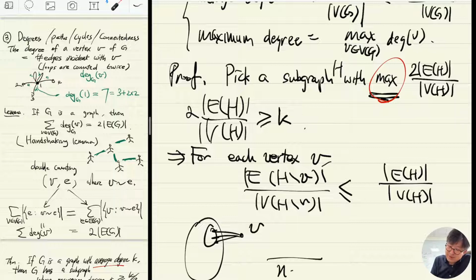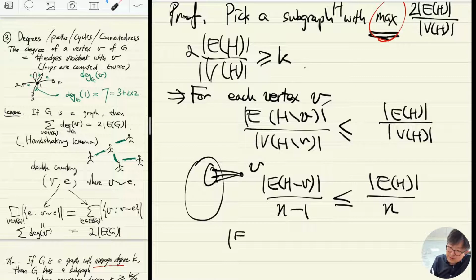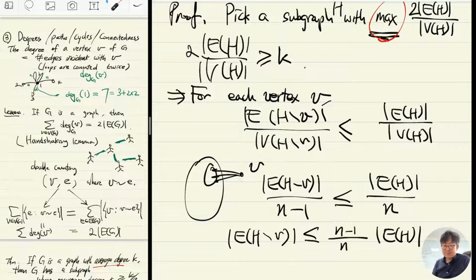So let's say H has n vertices, so you have n minus 1 vertices after deleting v, and e of H minus d(v) edges. So e of H minus d(v) over n minus 1 is less than or equal to e of H over n. Right? So what do we get?